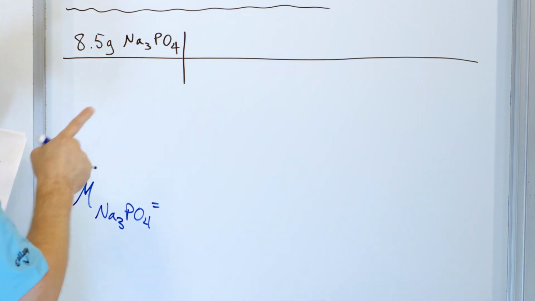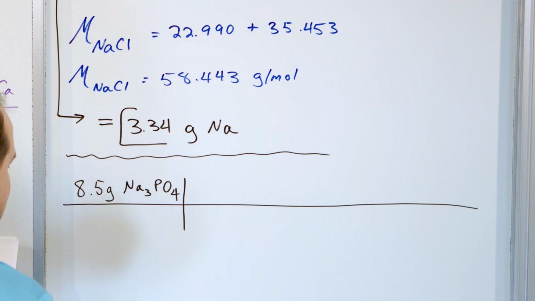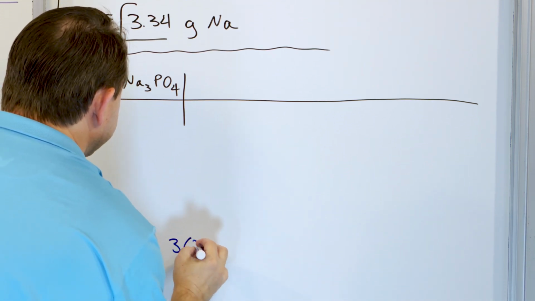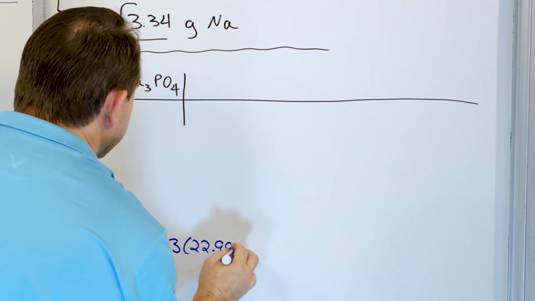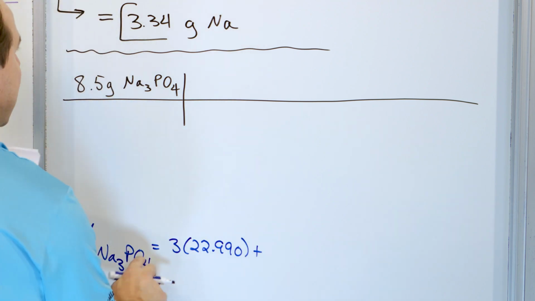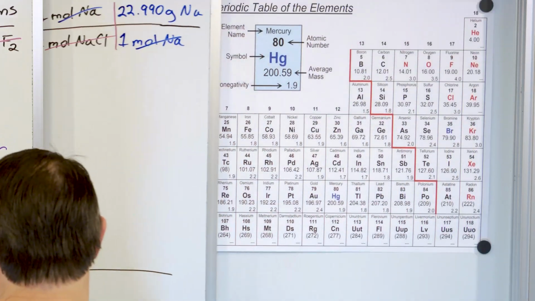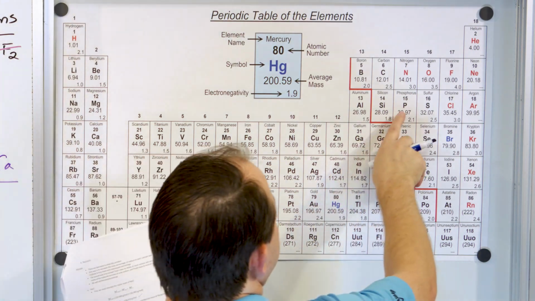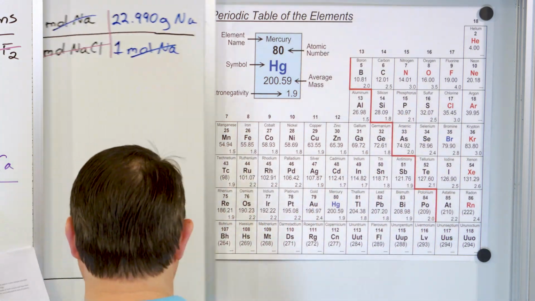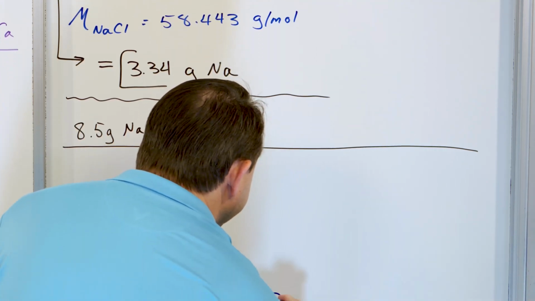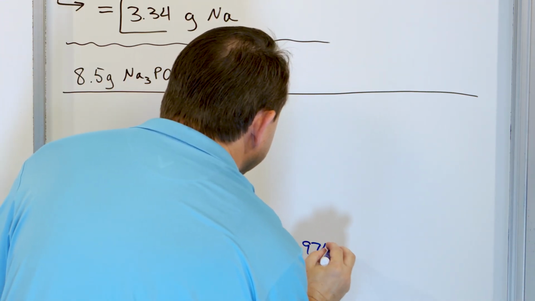We have 3 sodiums. We've used that number several times, 22.990. So 3 times 22.990. And then we have to add phosphorus, which is P, 30.974.